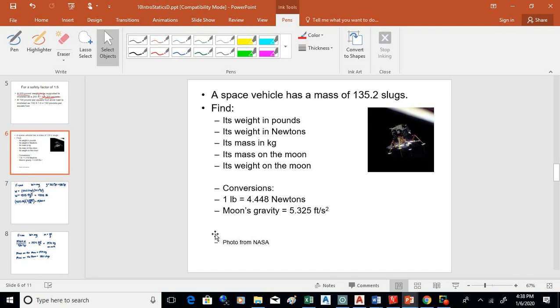That's a mass in the English system. Let's find out a few things about this space vehicle. Its weight in pounds and newtons, its mass in kilograms, its mass on the moon, and its weight on the moon. For conversions there, I've got a pound is 4.448 newtons, and the moon's gravity is 5.325 feet per second squared.